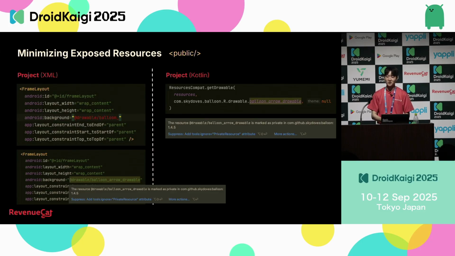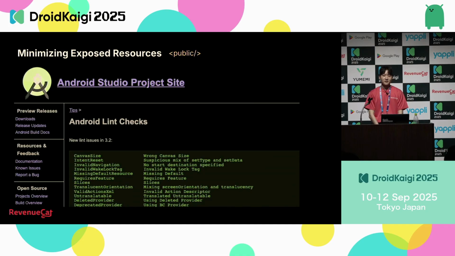It's not able to completely prevent access to the private resources if users just type those names manually, but at least they will see lint warnings. This warning is provided by Android Studio's lint checking tools by default, so you don't need to configure anything else.